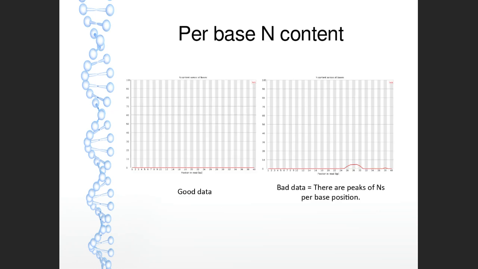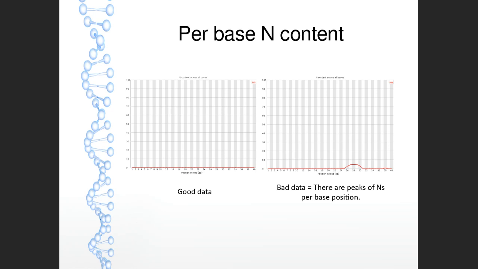Another metric we can go by, which is hopefully quite an intuitive one, is the number of N's in our sequence. Now, N's are called when the machine is not sure what base is present, and the base hasn't been read. So we want to ideally have a data set where we have as small a number of N's as possible.